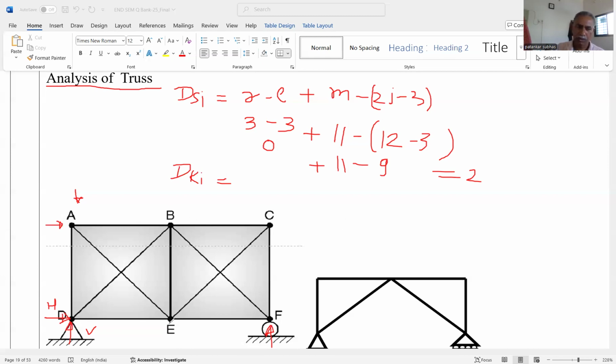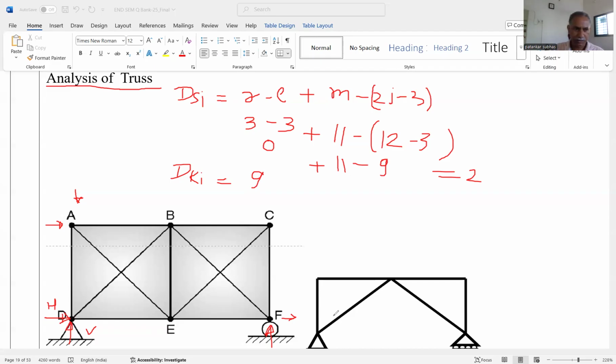At E 2 again, 8. But at F there is a roller support, so only one possibility, the translation along the x-axis. For joint D there is a restriction because of the reaction. It cannot move in the x or y direction, so 0. So 2 plus 2 plus 2 plus 2 is 8, plus 1 is 9. So DKI is equal to 9. This is the degree of kinematic indeterminacy.